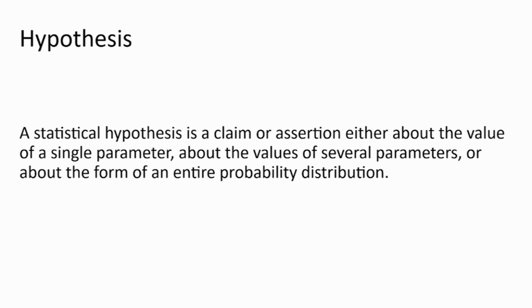Now, it is very important, the wording hypothesis, and therefore the next two terms are very important: null hypothesis and alternative hypothesis. What is a null hypothesis? The mean is 5 feet, that is a null hypothesis.